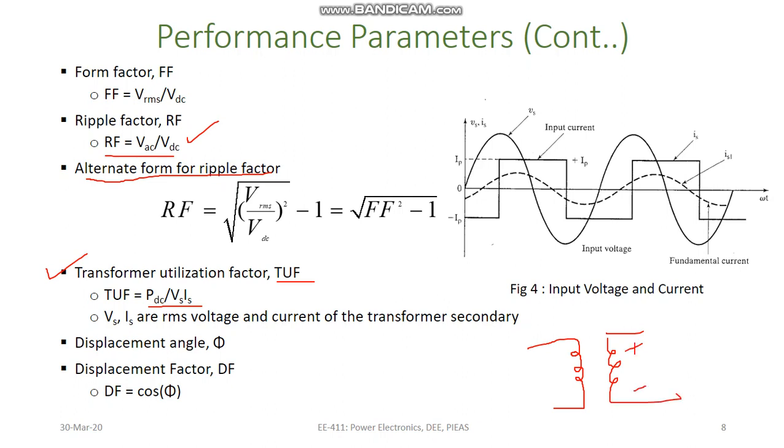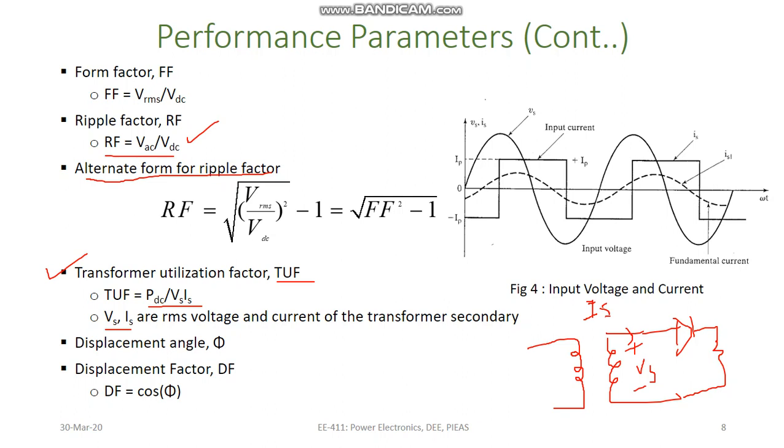Here we have this Vs, the diode and the load. Vs and Is are the RMS values on the secondary side of the transformer. The secondary side current of the transformer will be equal to the load current.